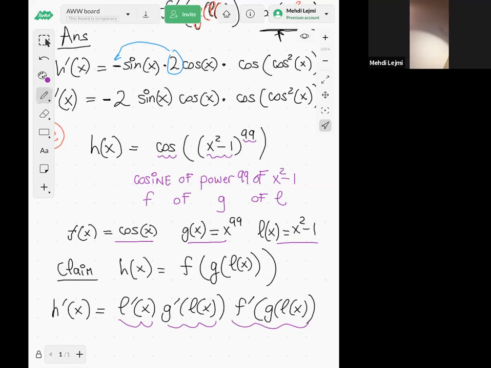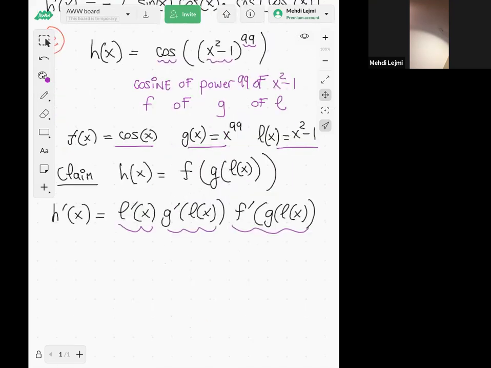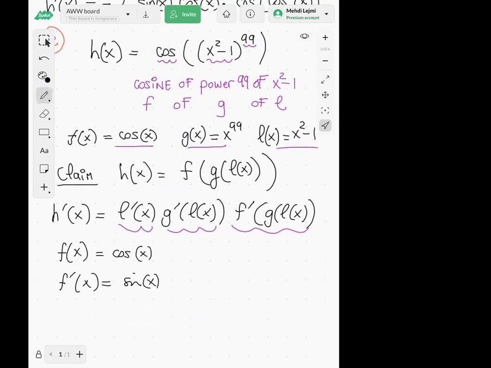Right. So when I say cosine of x, for example here, f of x is cosine of x, right? So you are asking why f prime of x is minus sine of x, right? Is that the sense of your question? Yes, Professor.